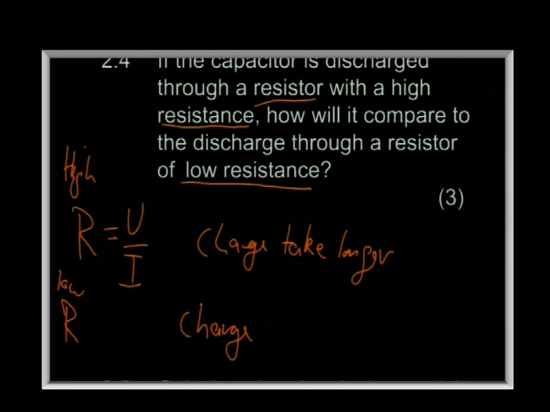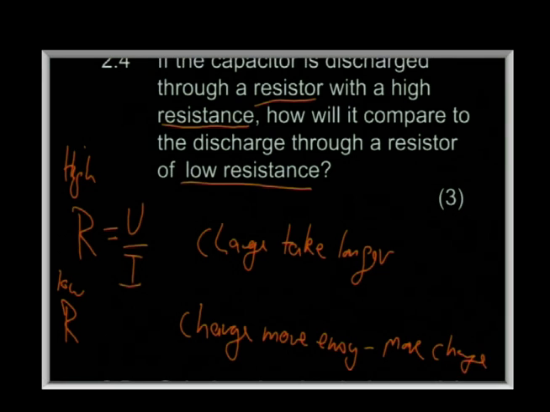It's going to be able to move easier, so that means more charge moves. So what does that tell you? If more charge is moving, well, that means the current must increase.